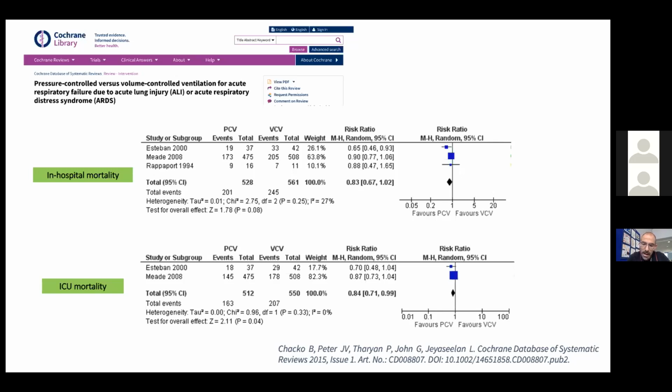There is a slight benefit towards pressure control ventilation in this particular patient, and that's why we use either pressure control ventilation, making sure that you are not over distending the lungs, or we use pressure regulated volume control. That's because we know that there is a slightly more positive outcome using pressure than using volume.